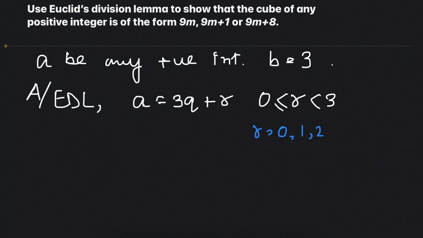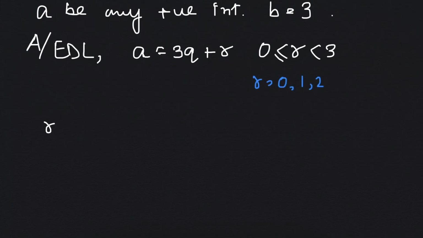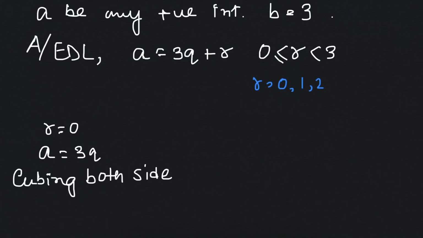So the possible values of r are 0, 1, 2. Now if we put r is equal to 0, we have a is equal to 3q. Cubing both sides, we have a cube is equal to 3 cube into q cube.